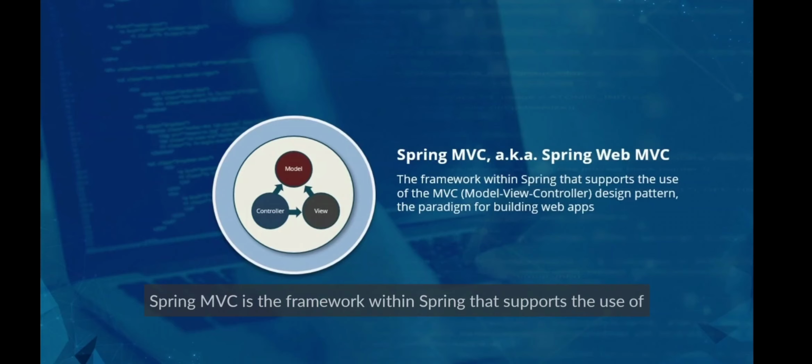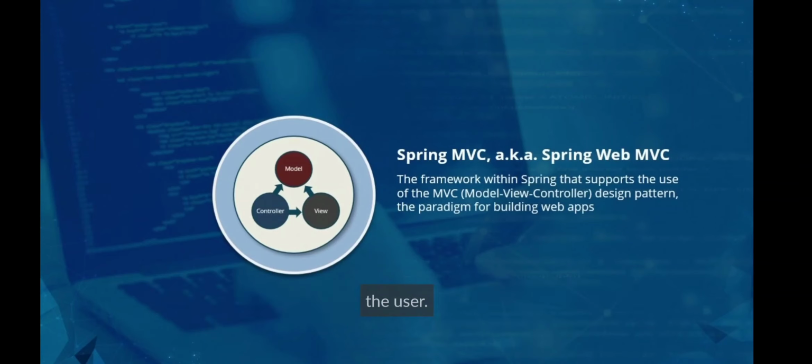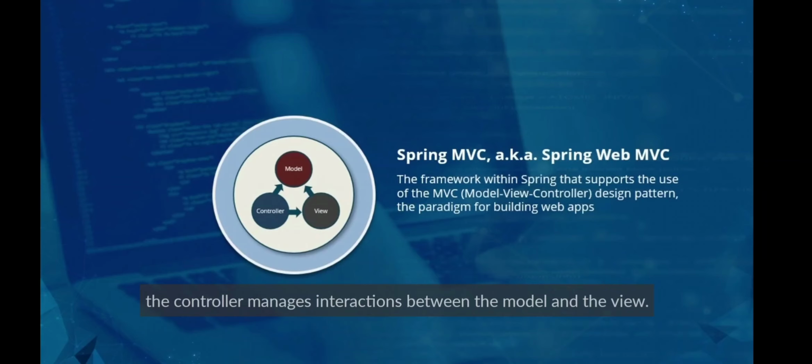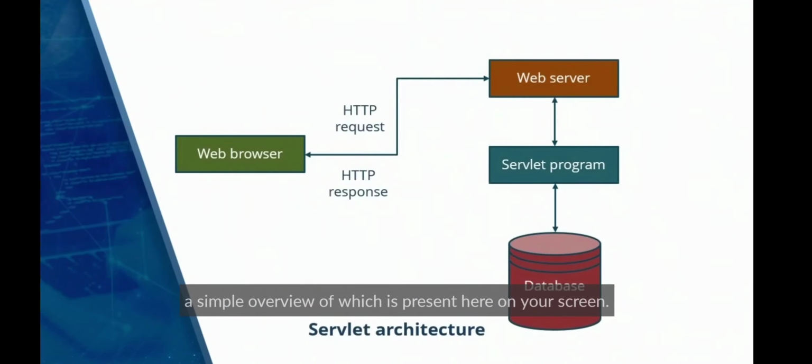Spring MVC is the framework within Spring that supports the use of the model view controller design pattern for building web applications. The model is the representation of the data that you want to show to the user. The view is what is rendered to the user, and the controller manages interactions between the model and the view. Spring MVC uses the servlet architecture, a simple overview of which is present here on your screen.